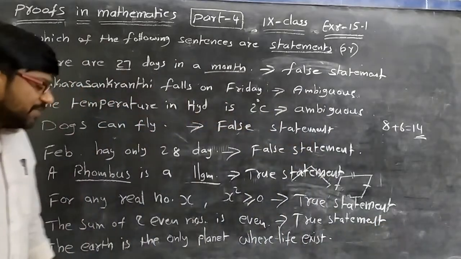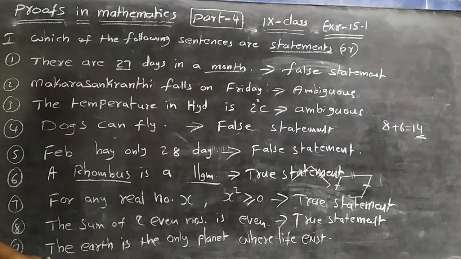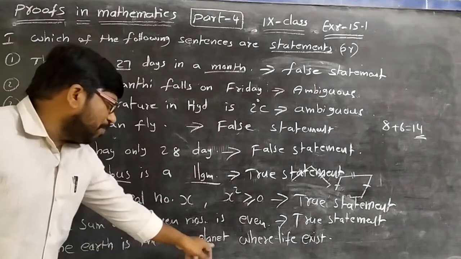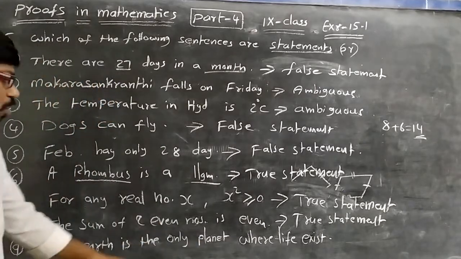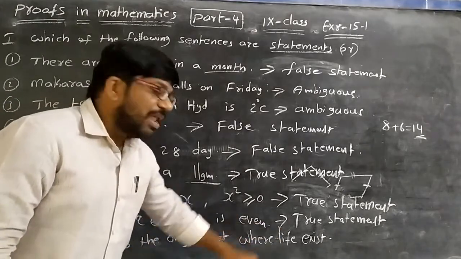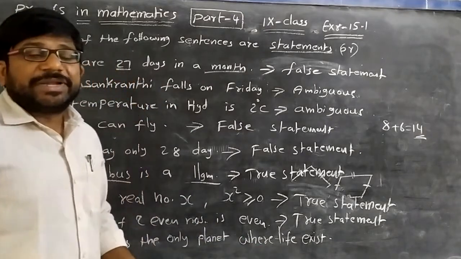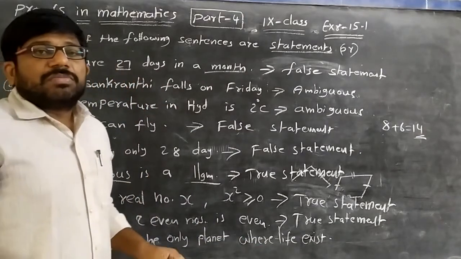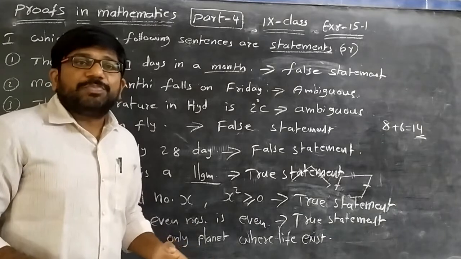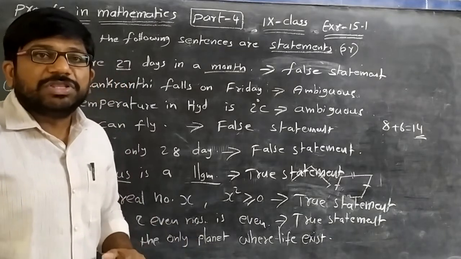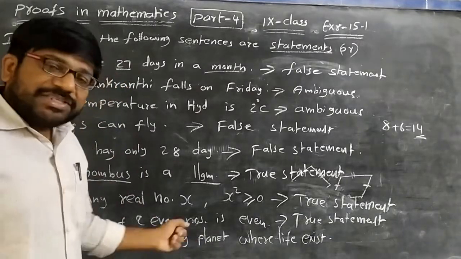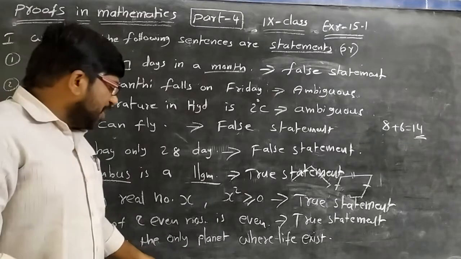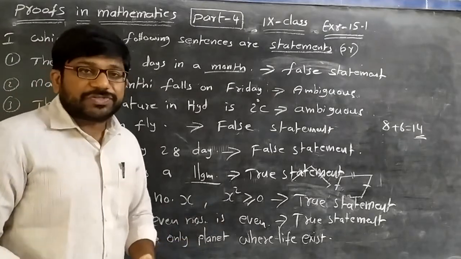Yes, the last one. The earth is the only planet where life exists. That means the earth is the only planet for living beings to survive, right? Is it a statement or not? Yes, it is a statement. It is a true statement.